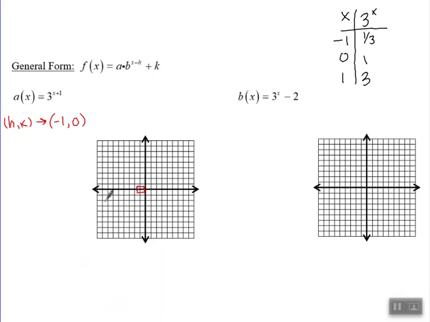So instead of graphing the point -1, 1/3, you are going to graph from this box -1, 1/3, 0, 1, and 1, 3. That gives you a couple points to get your graph started. If you want to add more points to this t-chart, you can.